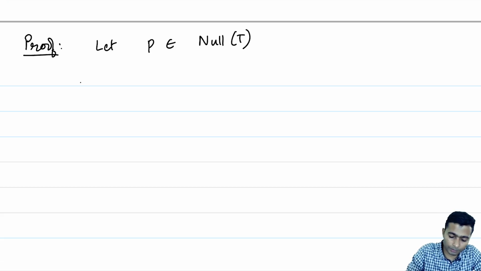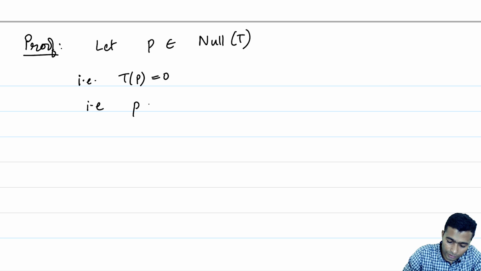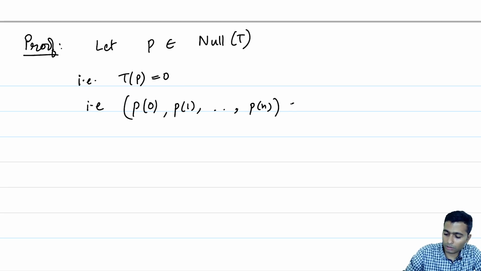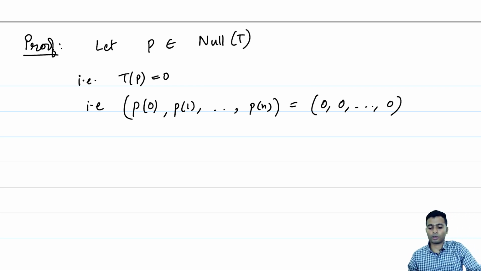It means T of P is 0. But what does it mean to say that this is 0? I.e. P of 0, P of 1 up to P of n, all these are equal to zeros, right? That is precisely what it means for P to be in the null space of T.